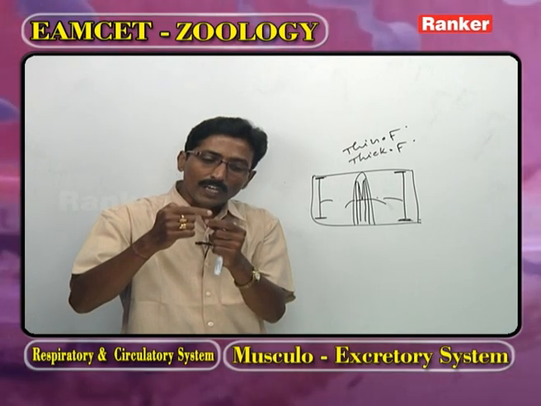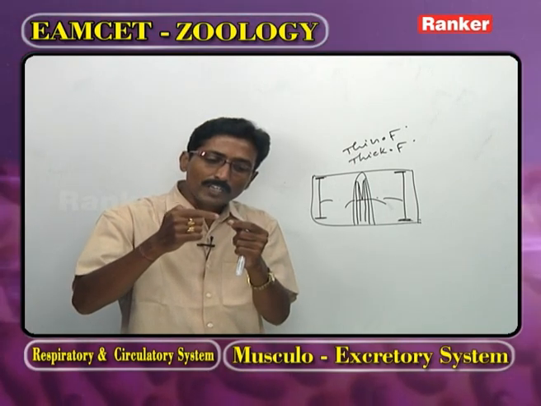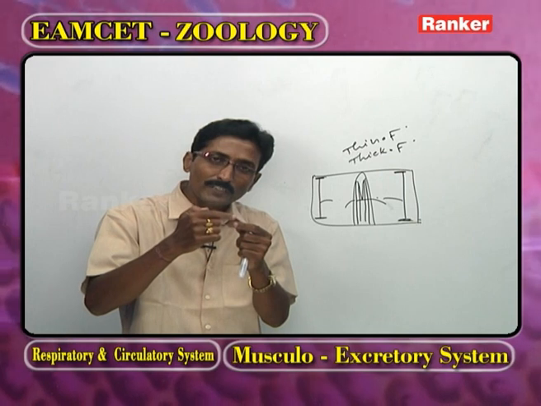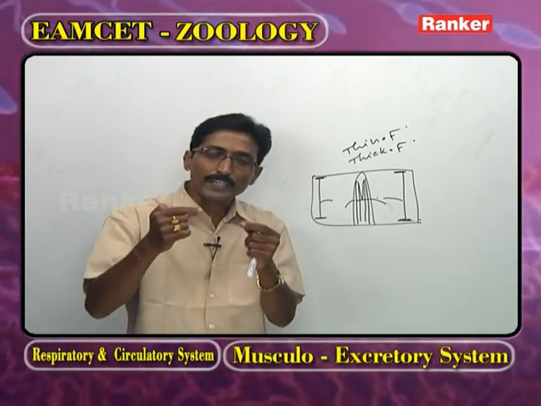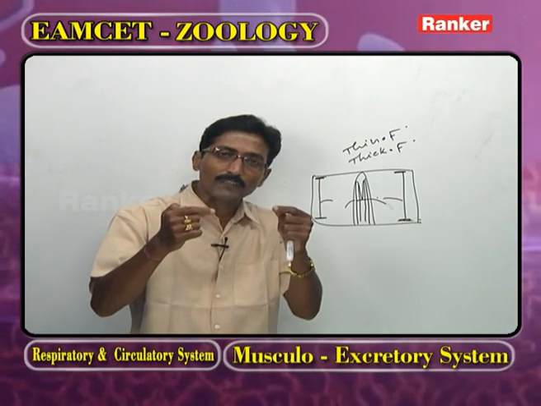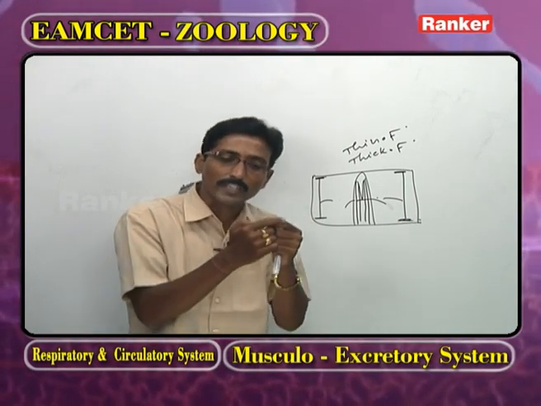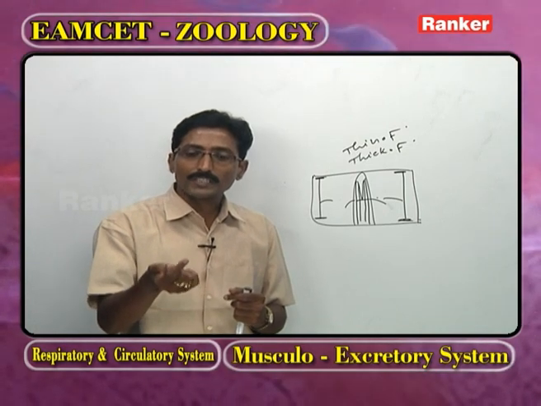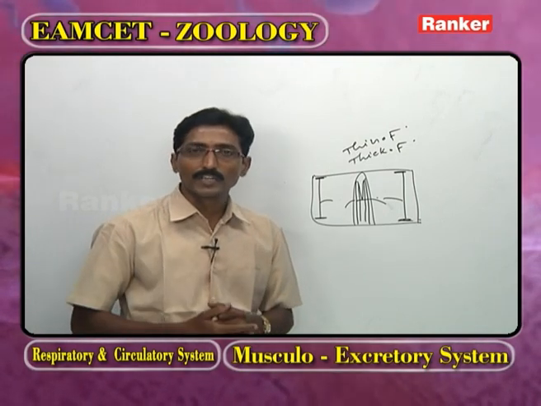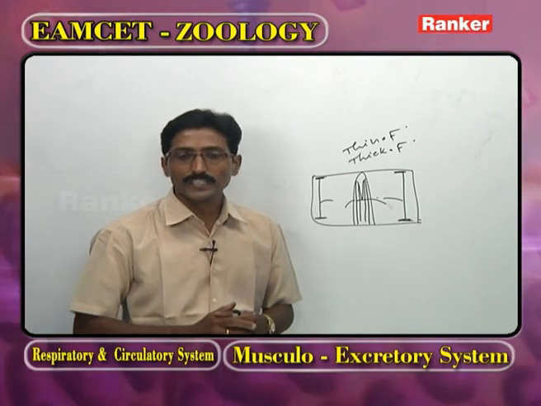That means along with the thick filaments, what are moving? The thin filaments. So it is called walk along theory. It means along with the thick filaments, the thin filaments are walking. So walk along mechanism is the basis of sliding filament theory. So the statement 1 is correct.